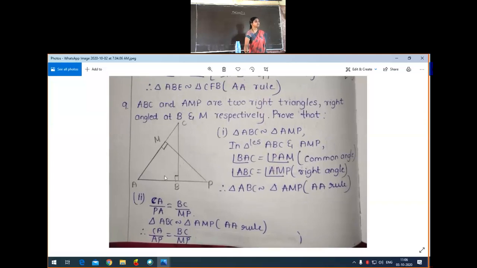Now in the second part, what we have to show is CA divided by PA equals BC divided by MP.